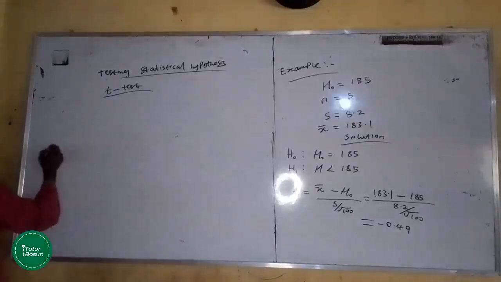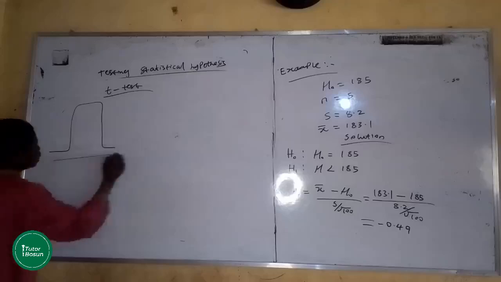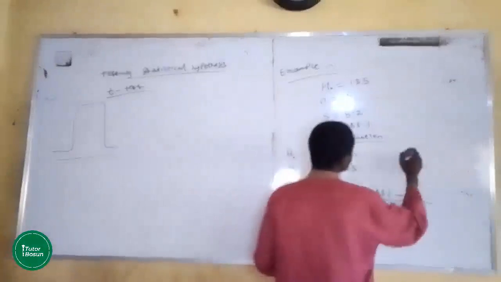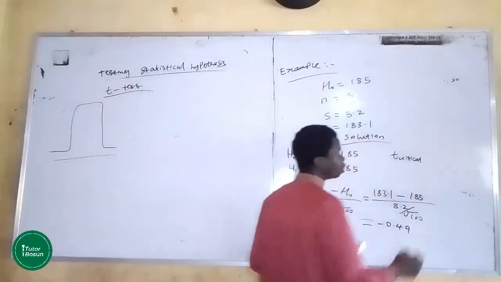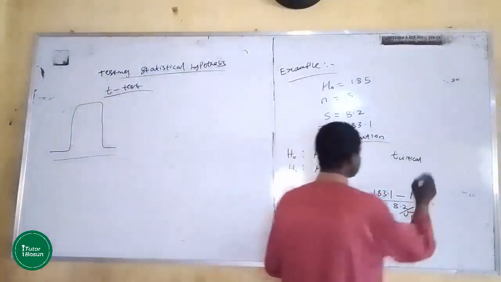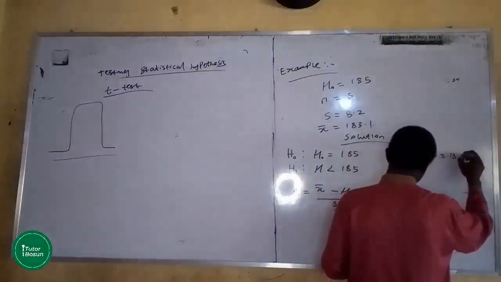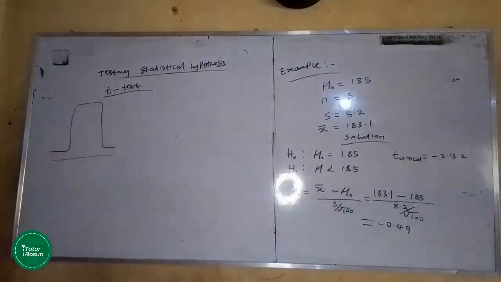So if you plot, and now you are given a critical value. Don't forget the critical value given, which is t critical. You are plotting the distribution with a critical value. T critical given is minus 2.132.